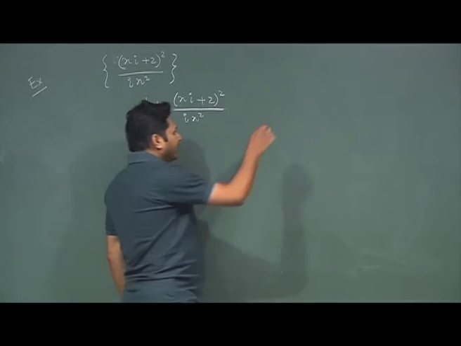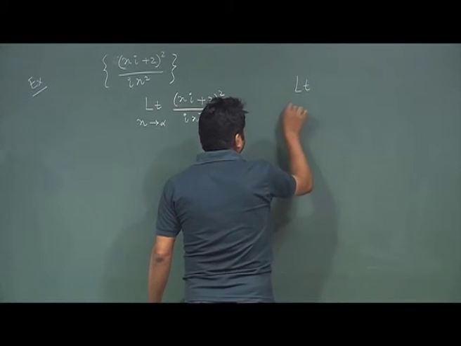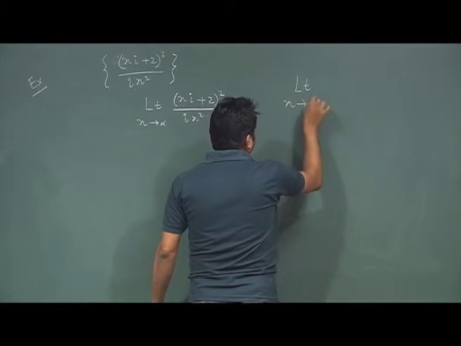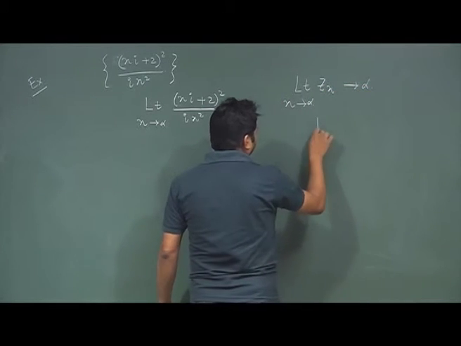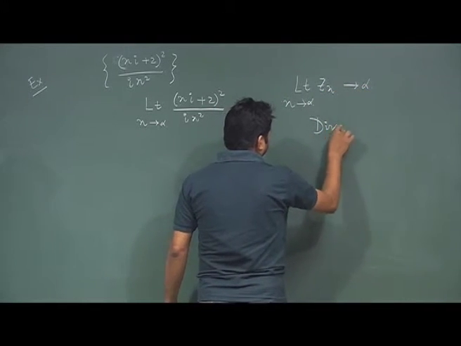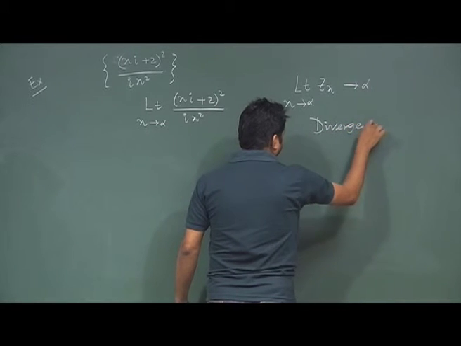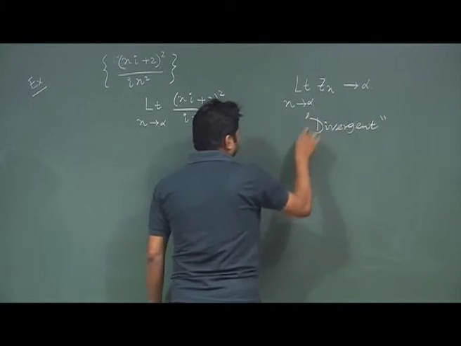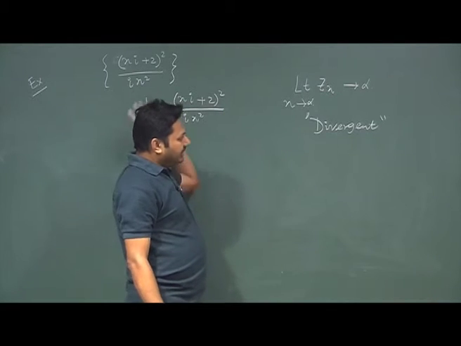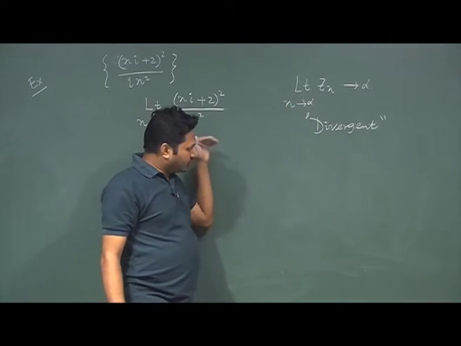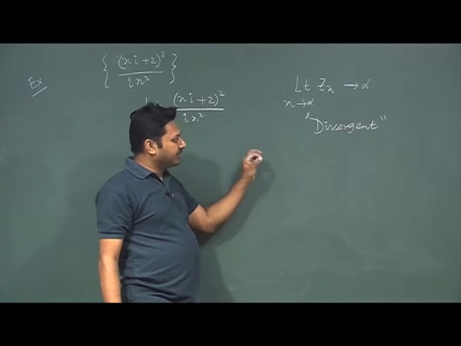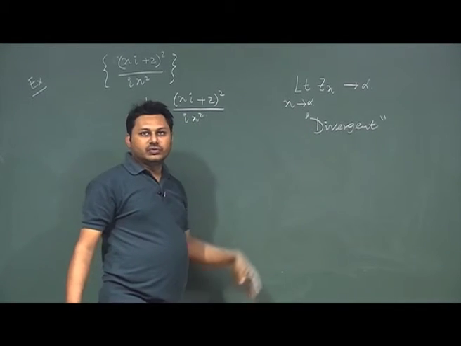By the way, I need to mention one thing also. If limit n tends to infinity Zn goes to infinity, then obviously it is divergent in nature. That means it is not going or tending to some specific point, rather it goes to infinity.